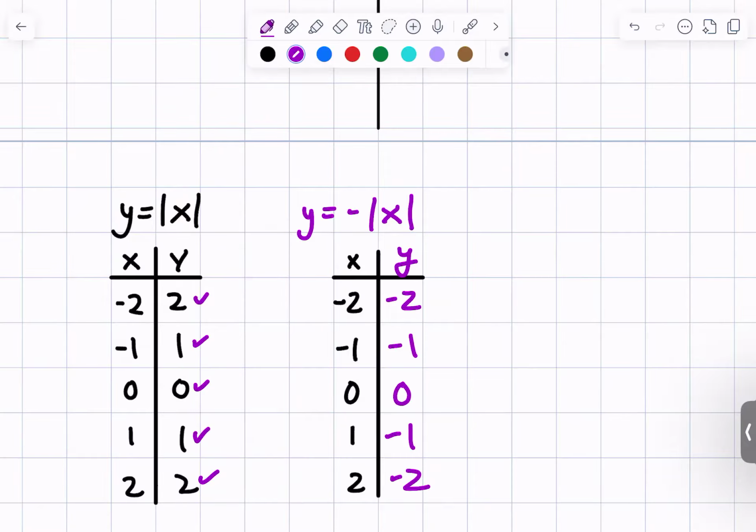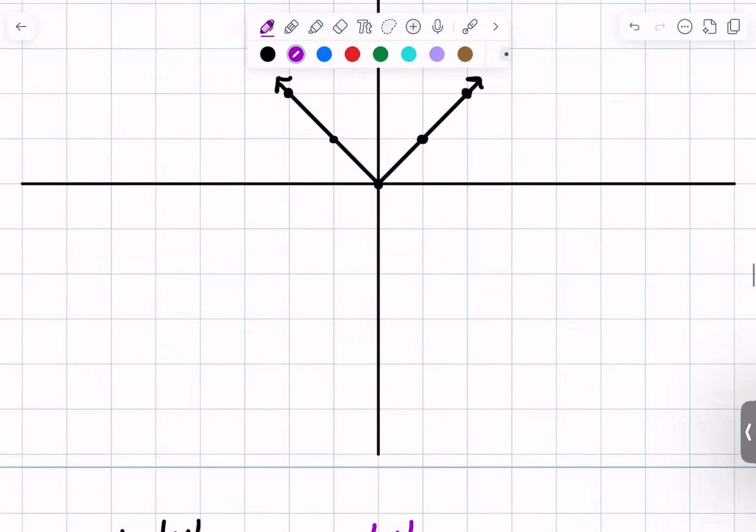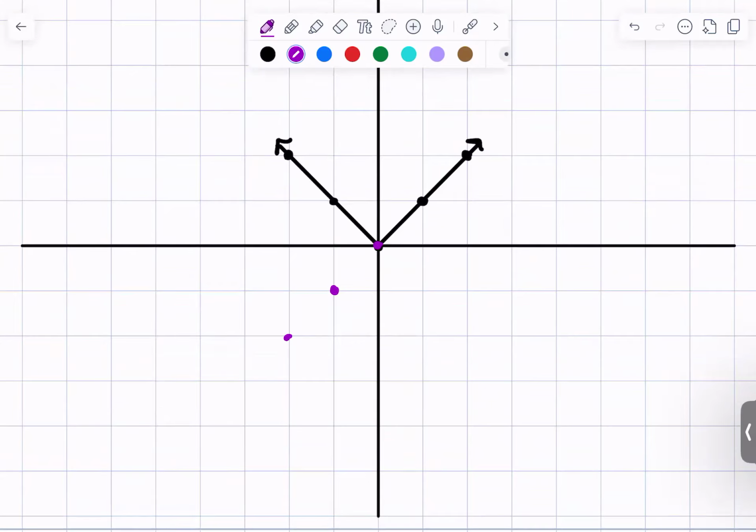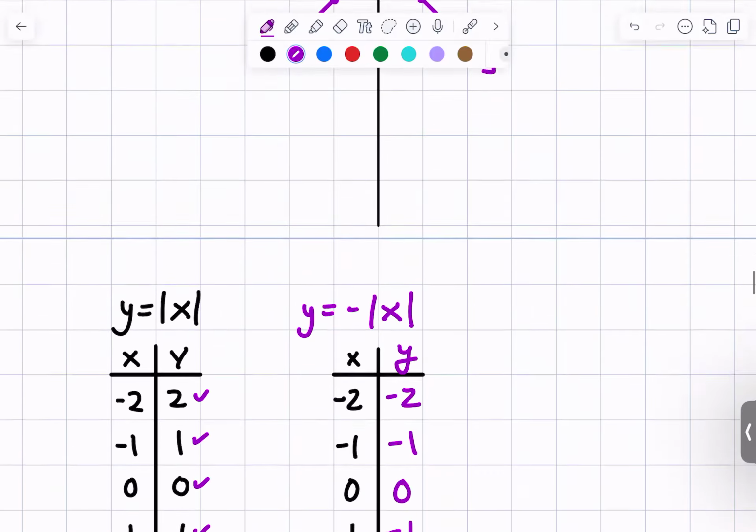And literally plot these points. That's my function. That's my graph. Okay? All right? Make sense?